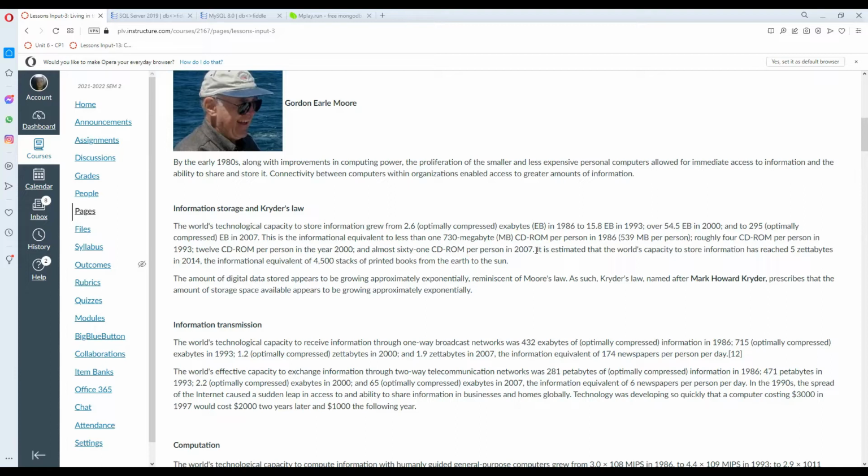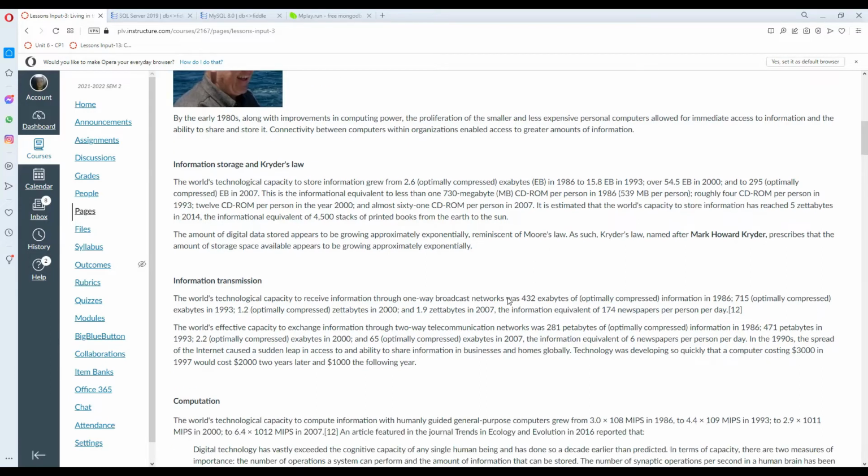The amount of digital data stored appears to be growing approximately exponentially, remnants of Moore's law. As such, Kreider's law, named after Mark Howard Kreider, prescribes that the amount of space available appears to be growing approximately exponentially. Okay. Most especially during this time when we consume lots of media such as TikTok and YouTube, this storage space increases each and every second.